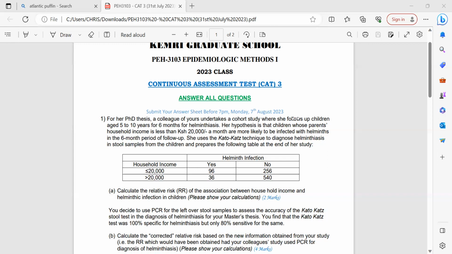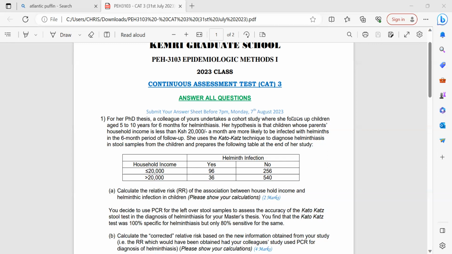I'm trying to finish up here. So 0.273 divided by 0.130. Where did I get this? 36 over 576. Yeah, I think this is where I got it from. 0.0625.